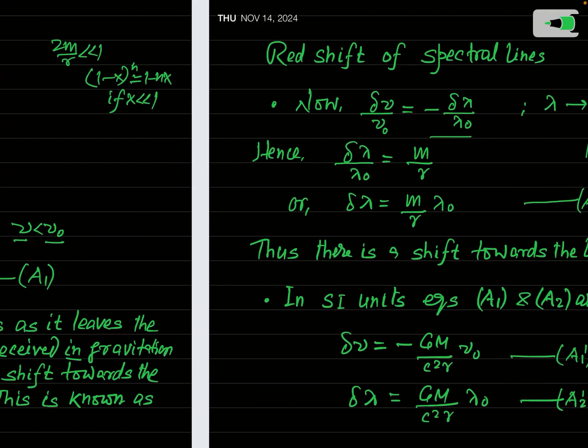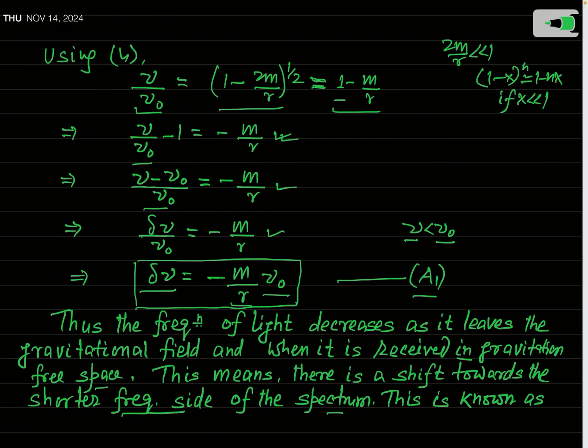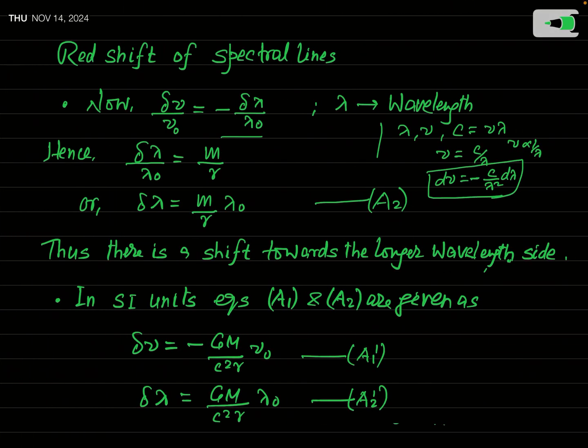And therefore, in equation A1, instead of delta nu by nu naught, you can write minus delta lambda by lambda naught. The minus signs on both sides will cancel out, and therefore our result is delta lambda by lambda naught equal to m over r, or delta lambda will be equal to m over r times lambda naught.